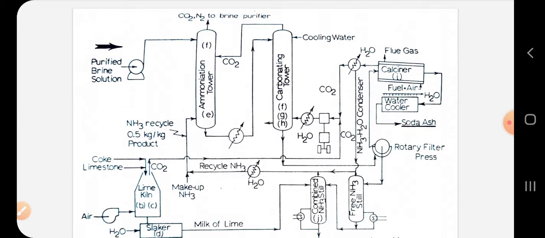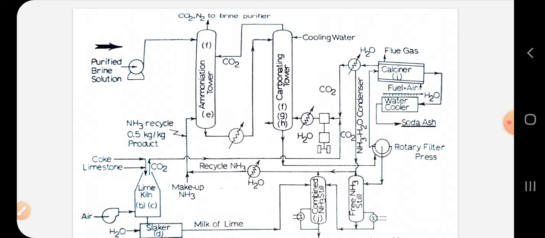And this calciner is again gas fired. We can see fuel and air are used for heating, so flue gases are obtained and taken out from the top of the calciner. The average production with this plant would be around 100 tons of finished soda ash. After being calcinated, it is cooled, passed through a water cooler, and soda ash is obtained.